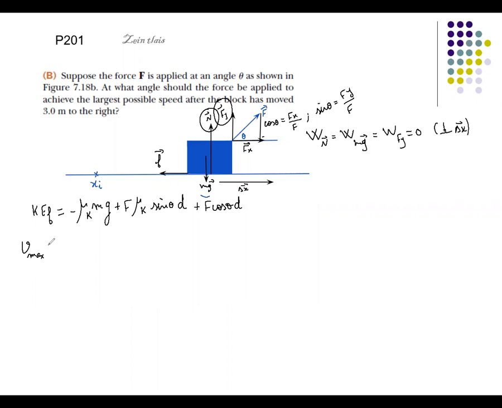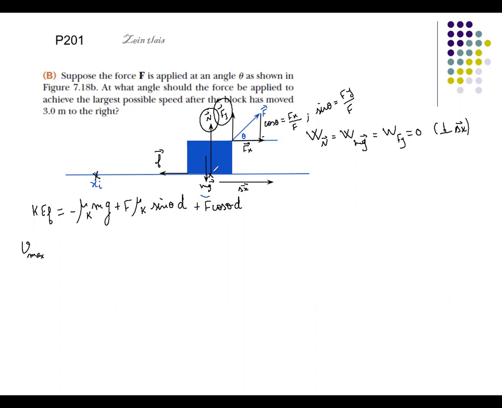When we say we have a maximum velocity, it means we have a constant value of velocity. At the beginning, at x initial, we had v equals 0, and the velocity starts to increase. We arrive to the x final, we get V maximum. We have to find the angle in order to have V maximum.